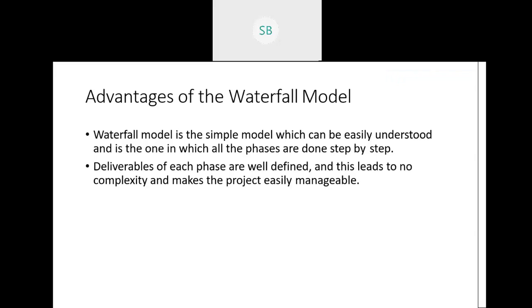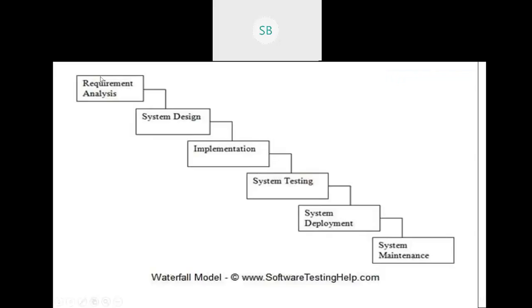For example, the deliverable of the requirement analysis phase is the SRS, the software requirement specification document, which is given to the system designer. The deliverable of the system design is the design. In coding, the code and the entire system is delivered, then it is tested, and finally the final product is deployed.